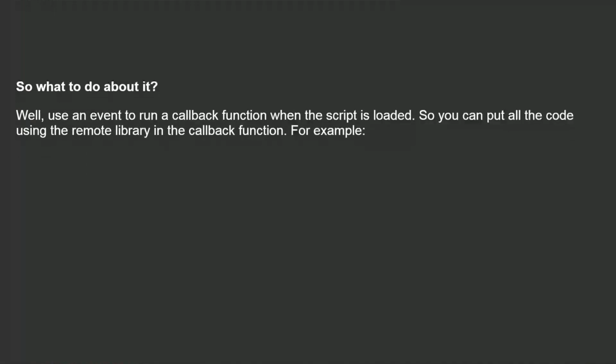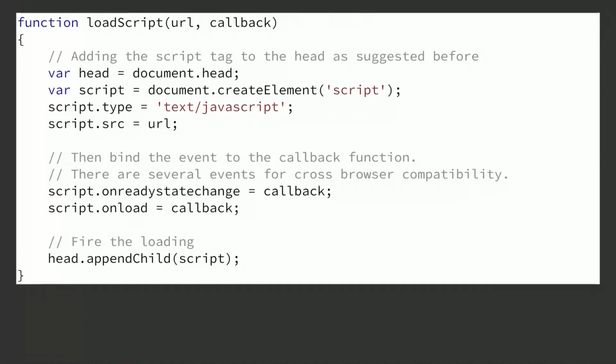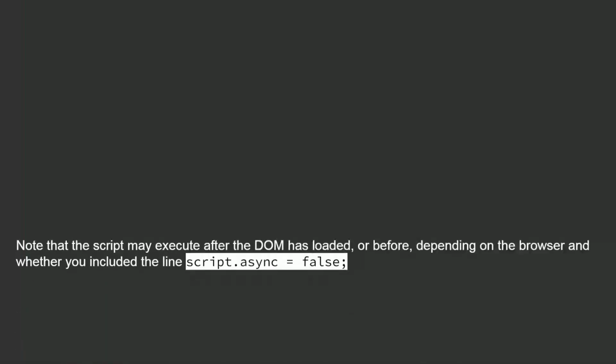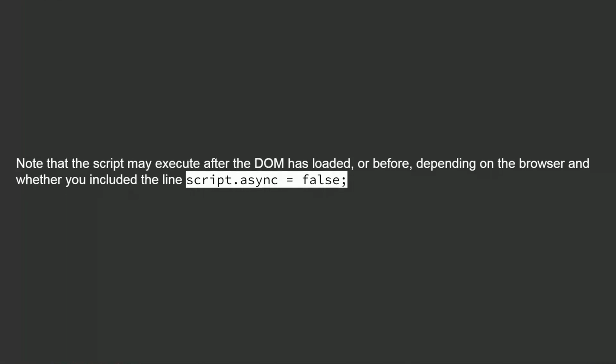For example, then you write the code you want to use after the script is loaded in a lambda function. var myPrettyCode = function() { // Here, do whatever you want }; Then you run all that. loadScript("my_lovely_script.js", myPrettyCode); Note that the script may execute after the DOM has loaded, or before, depending on the browser and whether you included the line script.async = false.